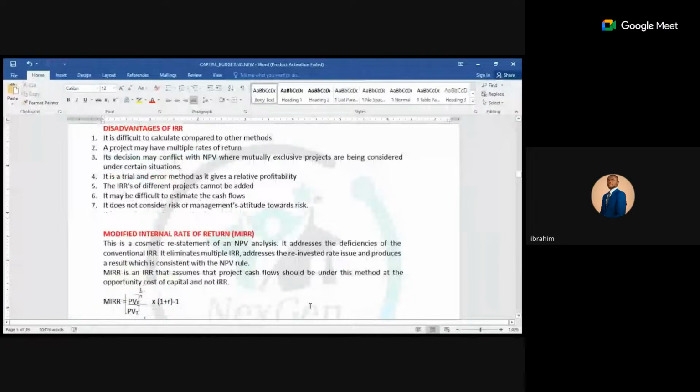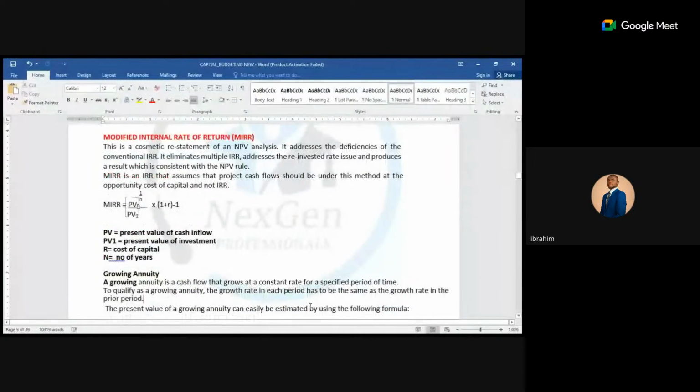Now, in calculating the modified internal rate of return, there's a formula, which you can see in your material: the PV divided by PV times 1 plus R, minus 1, right? So we'll get to this part. So it is still the same decision.